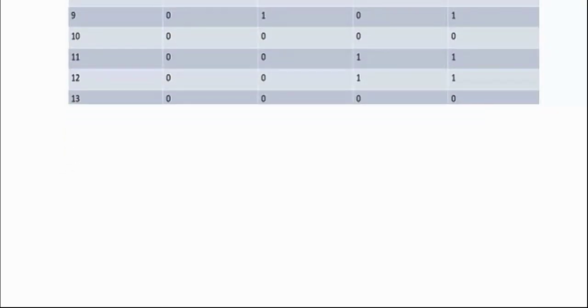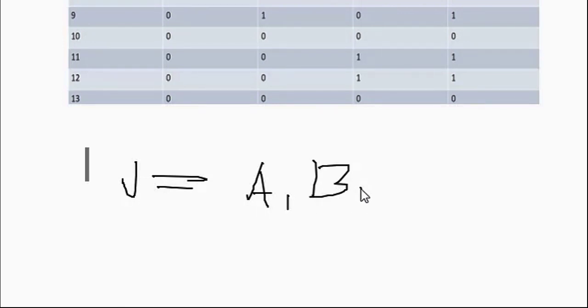Our decision variable here is J, equal to A, B, and C.